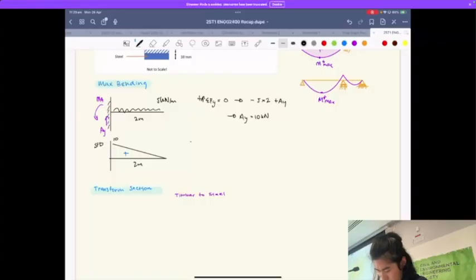The area of this triangle is 10 times 2 times half, and you get 20 kilonewton meters at 2 meters. That's just the accumulation of all of the shear force into bending moment. Is it 10 kilonewtons? Oh yeah, 10. So MA is equal to 10, I believe. Yeah.